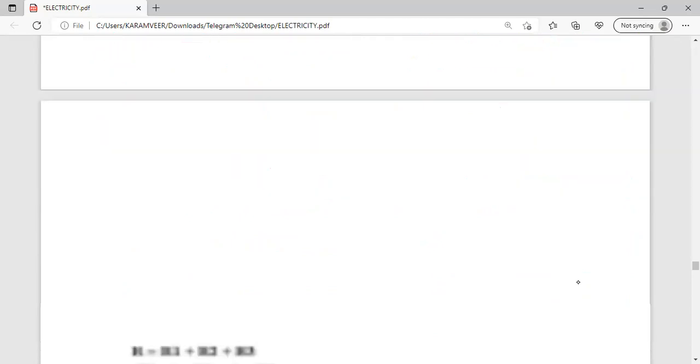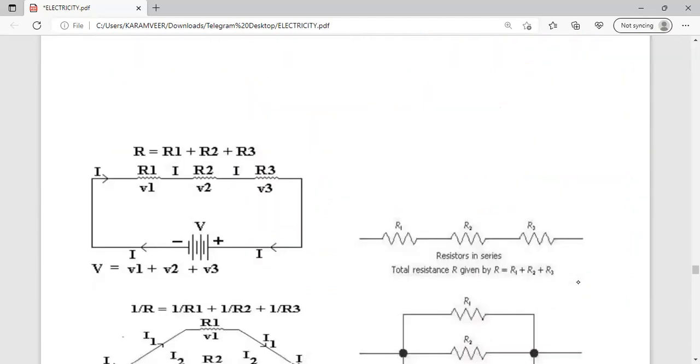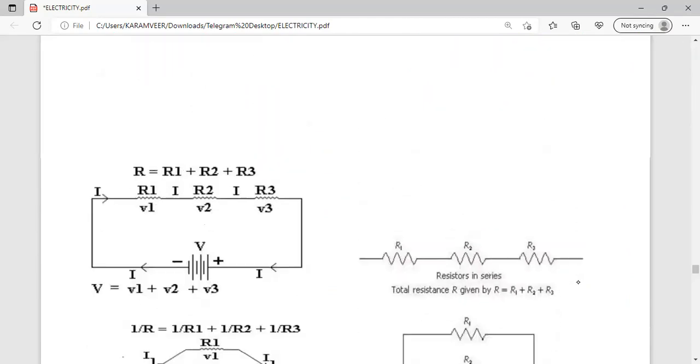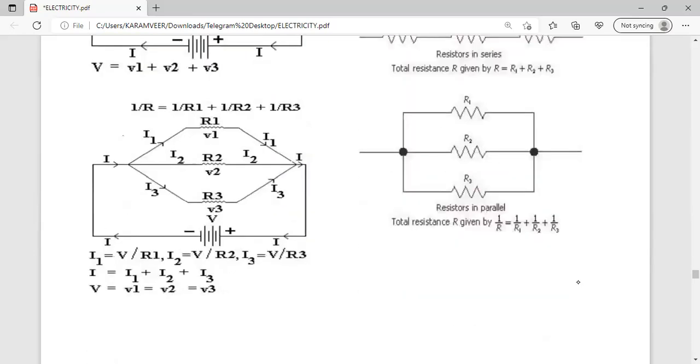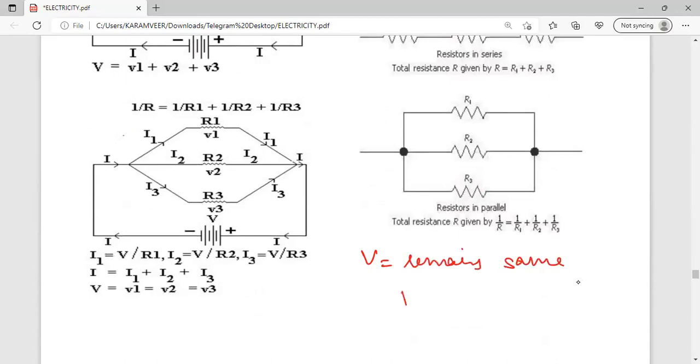Next we have to do resistors in parallel. We have three resistors connected in parallel. Whenever we do resistors in parallel, first of all keep in mind that the potential difference remains the same and the total current is equal to the sum of the individual currents, I1 plus I2 plus I3.